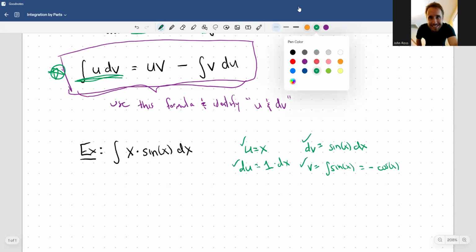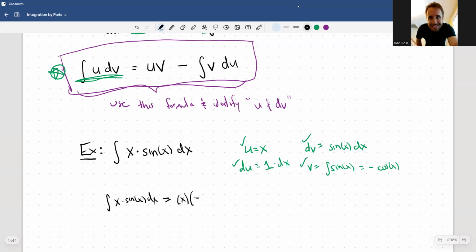And so again, that is just going to say that the integral of u dv, which was x times sine of x dx, is going to equal u times v. So that's x times negative cosine of x minus an integral of v du.